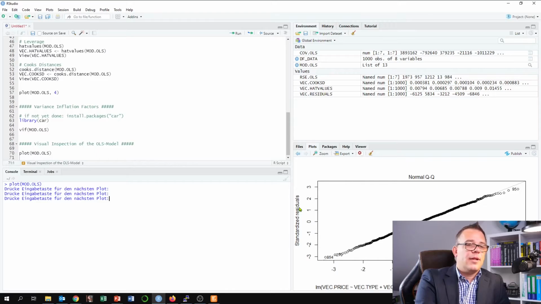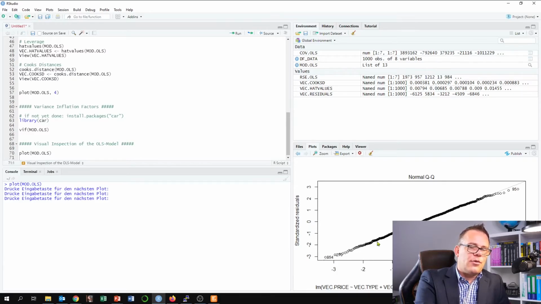So if the theoretical quantiles, like in the normal distribution, and the standardized residuals match, you will find all points on the diagonal line here. And this is very, very much the case. So here maybe this one deviates a little, but it's pretty usual that in the tails you see little deviations. Nevertheless, this is nearly perfectly normal.